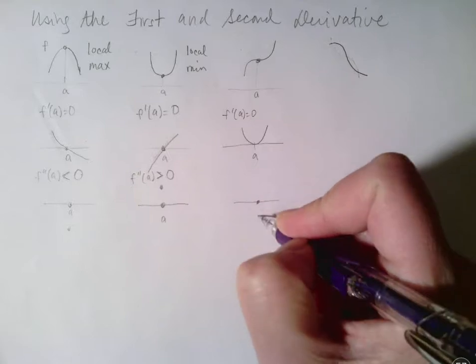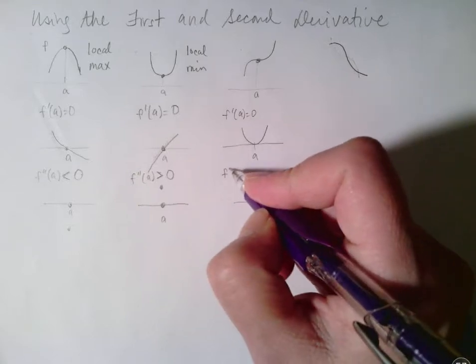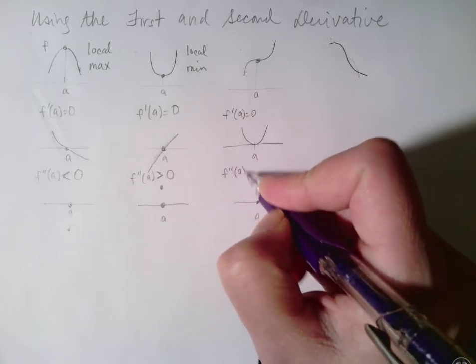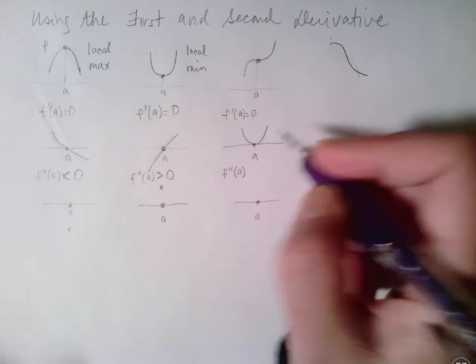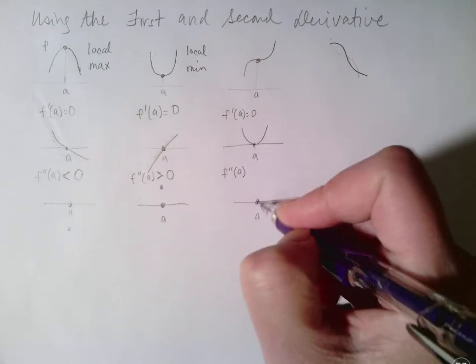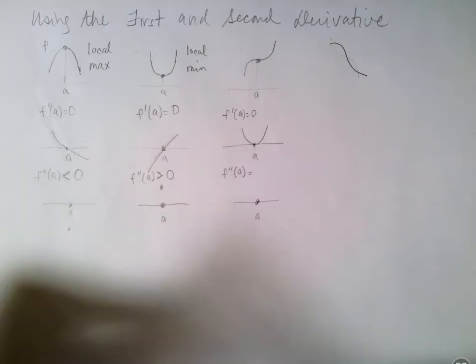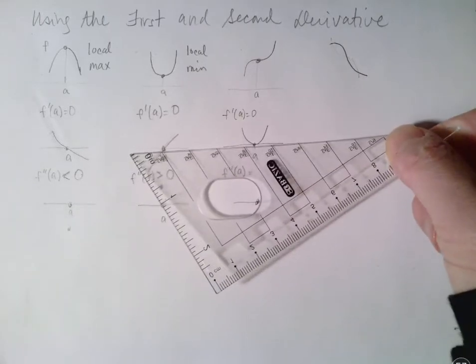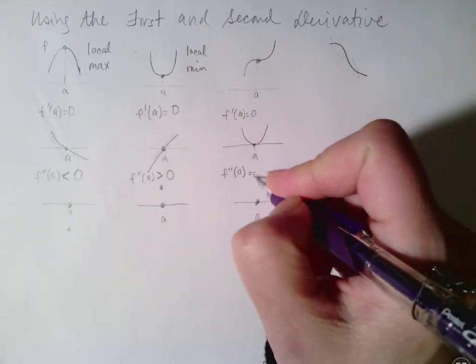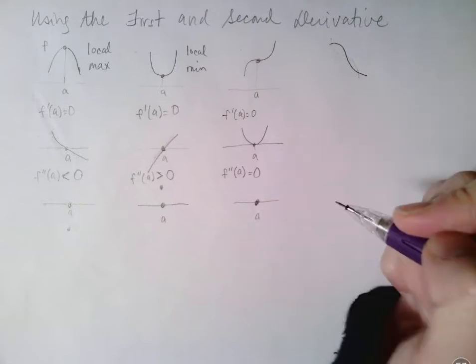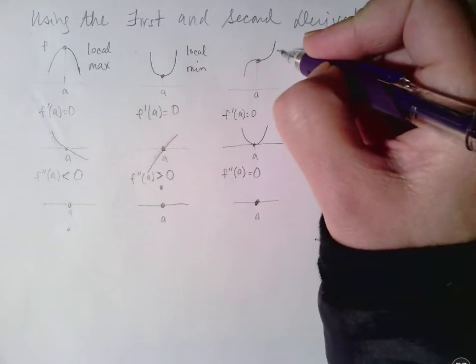How about the second derivative at A? Notice the second derivative at A must be 0. So it's right here. This is called an inflection point.